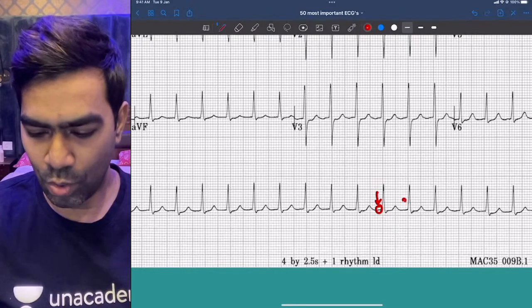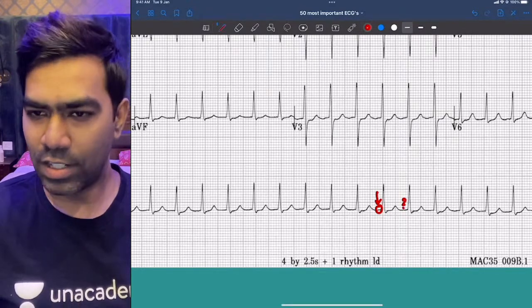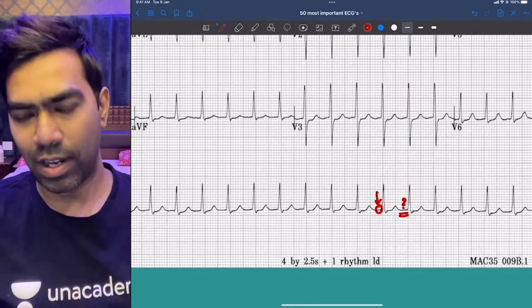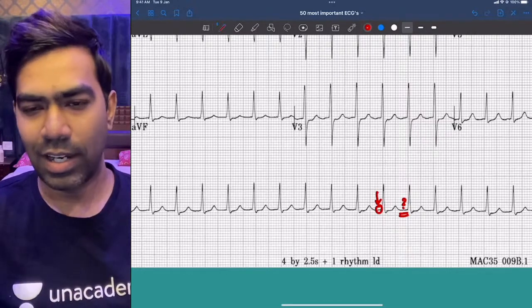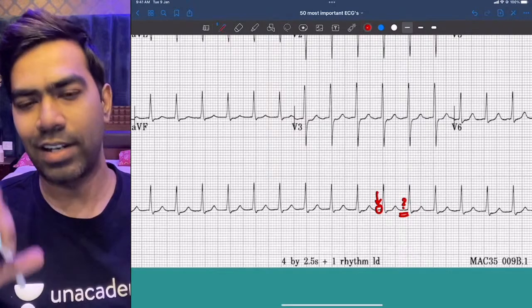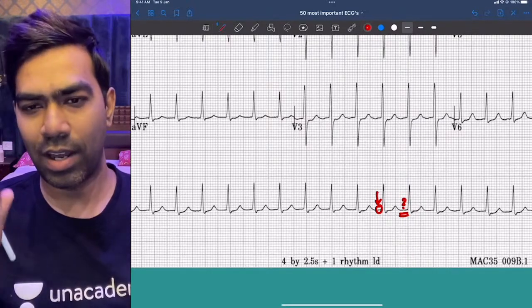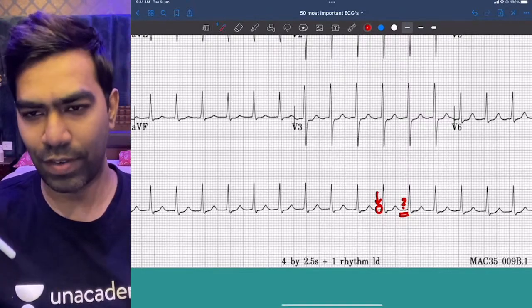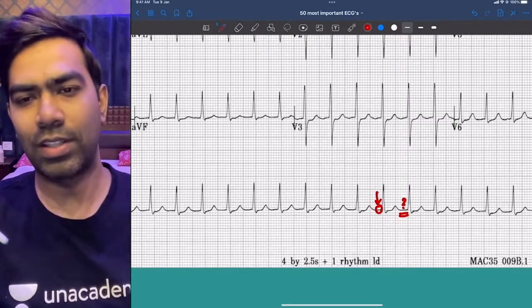But here you don't see P waves at their usual location. So that is AVNRT. Narrow complex, regular tachycardia, and if you don't see P waves at their usual location, think about AVNRT or AVRT with orthodromic conduction. But more often than not in exams, you're going to make a diagnosis of AVNRT, which is synonymous with something called SVT.